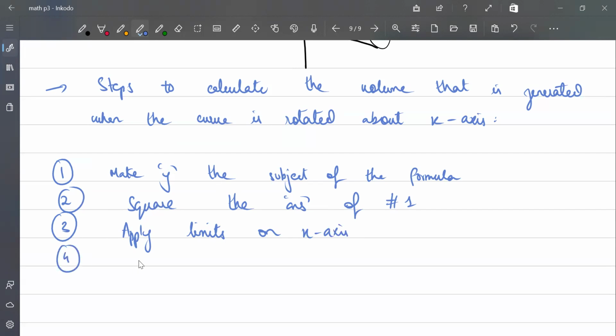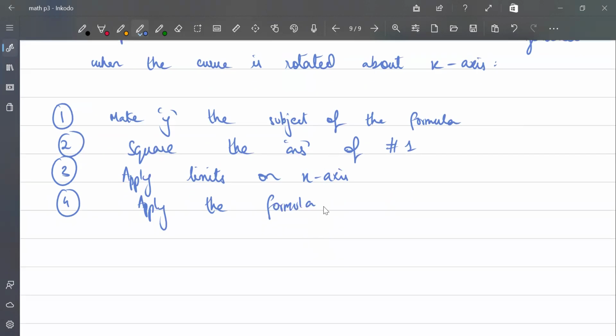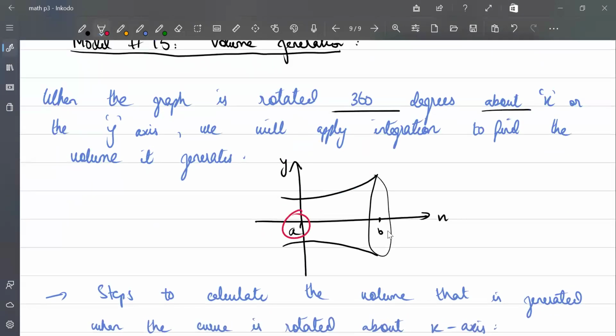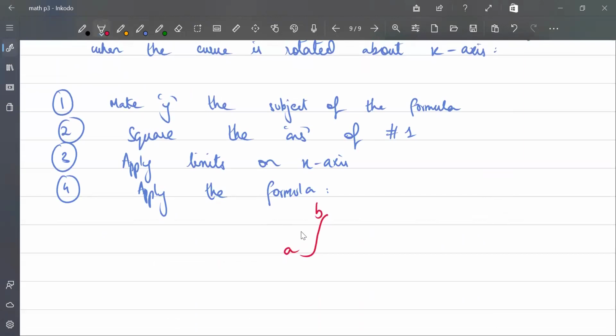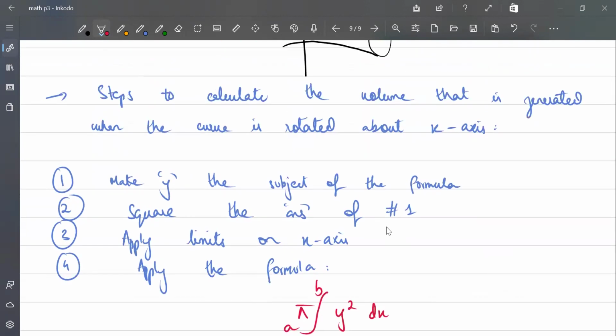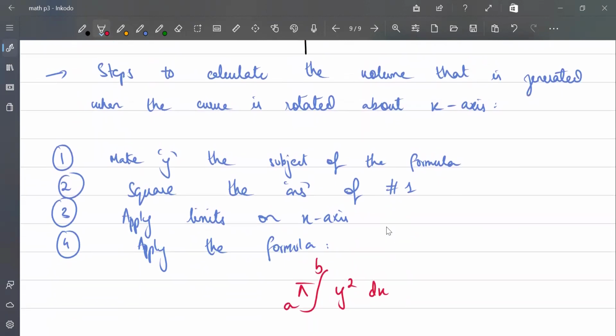Step number four: apply the formula, and this is the formula: integral with limits a, b of pi y squared dx. These are the steps that you need to follow.